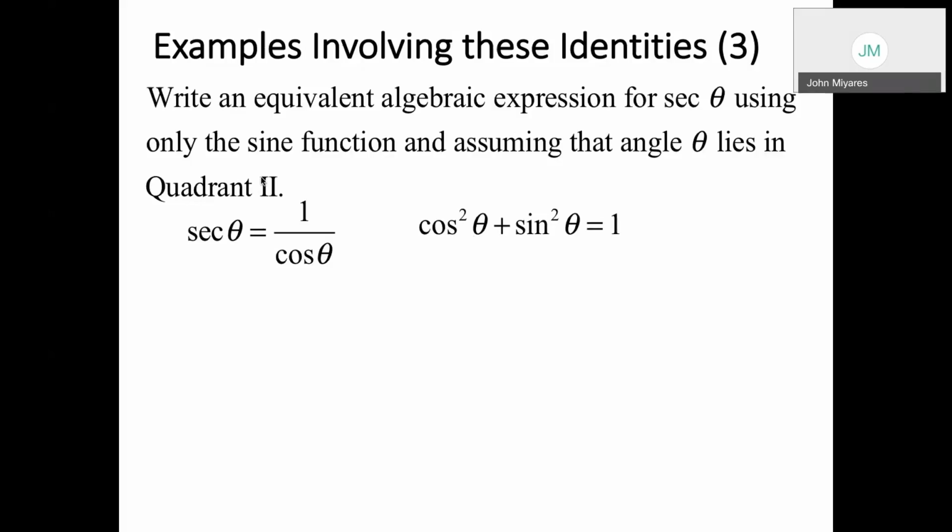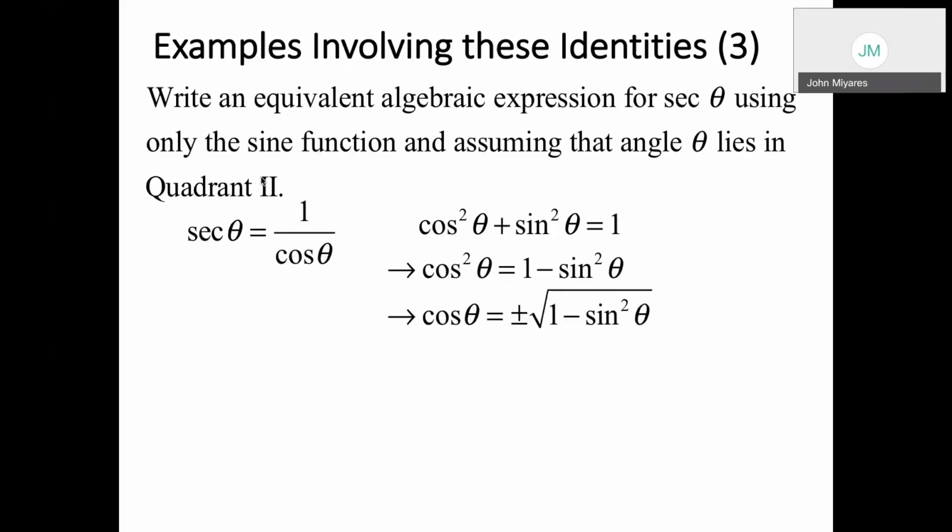So looking at this Pythagorean equation, cosine squared theta plus sine squared theta equals 1, I can rewrite the equation as cosine squared of theta equals 1 minus the sine squared of theta. Then I can take the square root of both sides to get the cosine of theta equals plus or minus the square root of 1 minus the sine squared of theta.